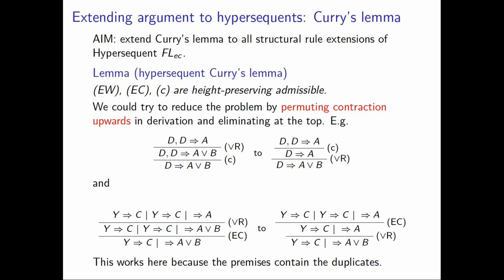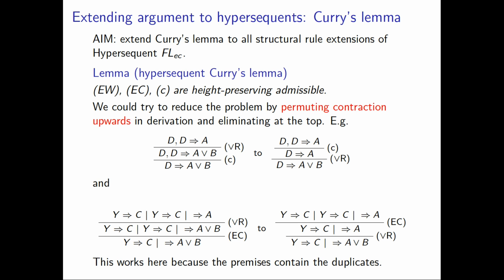Right, so let's see how we could extend the arguments of decidability to the hypersequent calculus. First of all, Curry's lemma. We want to show that external weakening, external contraction, and internal contraction, as let's call it, are all height-preserving admissible.